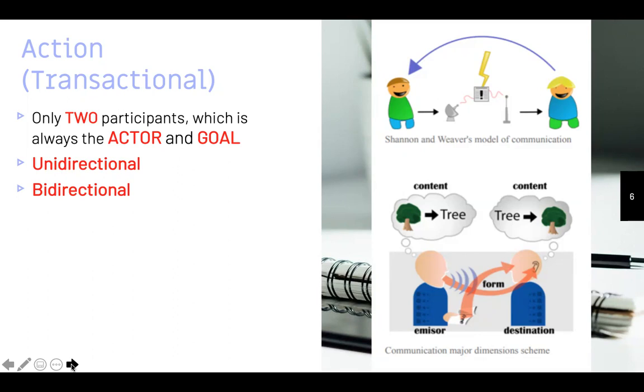The top arrow goes from the right to the left, so here the one on the right is the actor and the one on the left is the goal. But they can switch their roles. Now the goal becomes the actor and the actor becomes the goal. So this is a bidirectional transactional process.